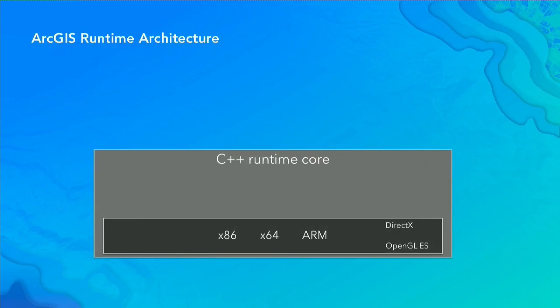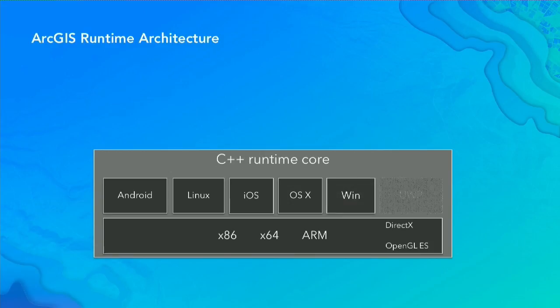But first of all, I thought it would be fun to have a look at the architecture of the runtime. So this is our C++ runtime core. And this is the way that it was built for 10.2.x. So we built it on 3 computing architectures.